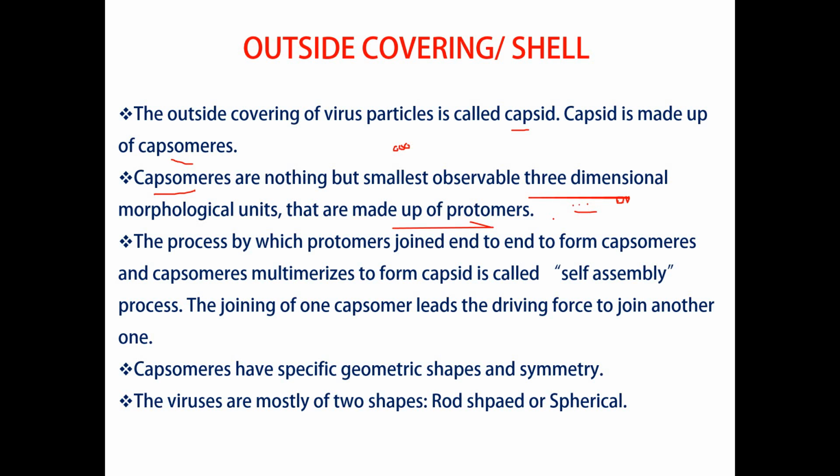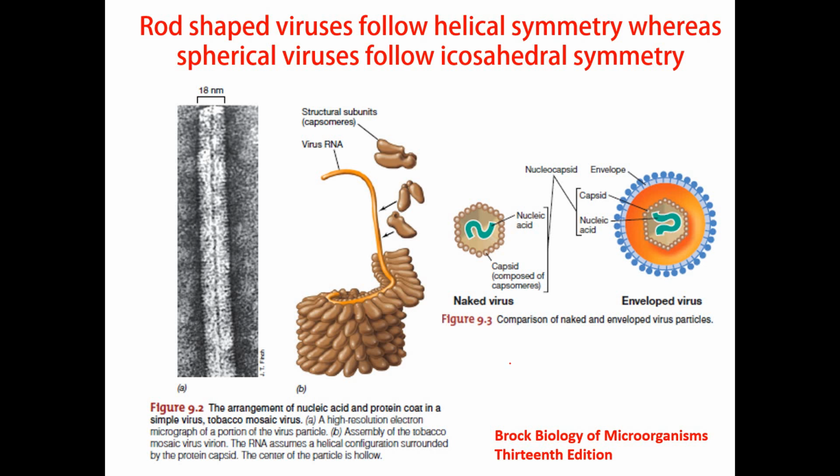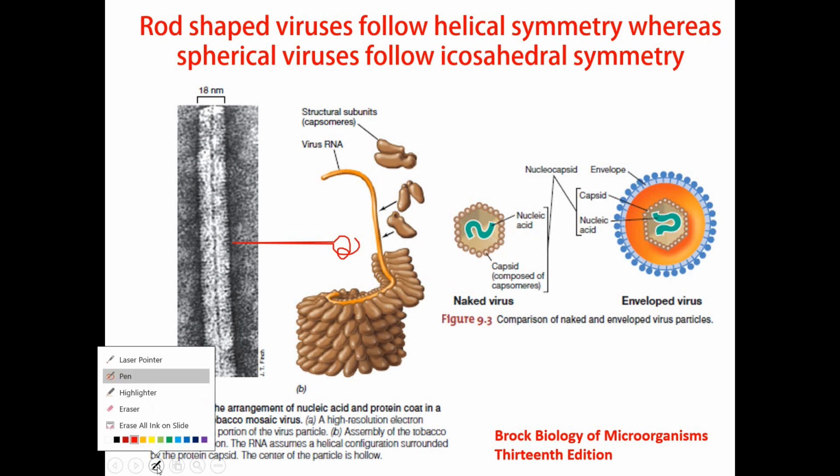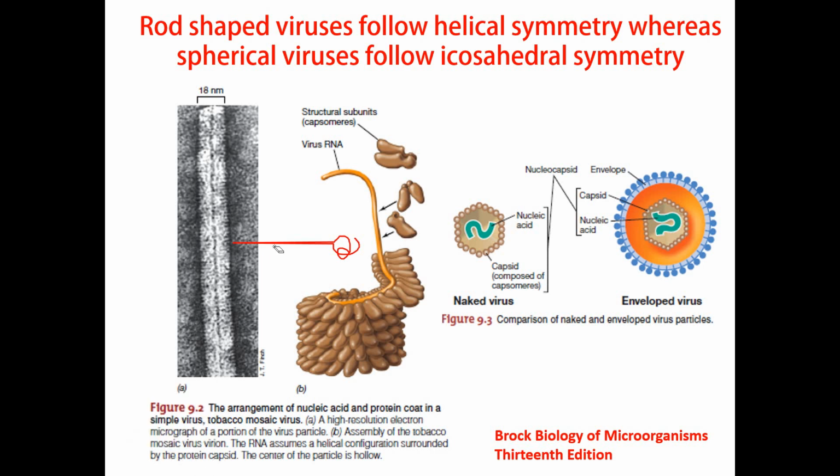And the capsomers have specific geometric shapes and symmetry. Hence, the viral particles also have some shapes and symmetry. Usually, there are two major shapes: one is called the rod shaped and the other spherical shape. When the viral particles show helical symmetry, they form the rod shaped appearance.